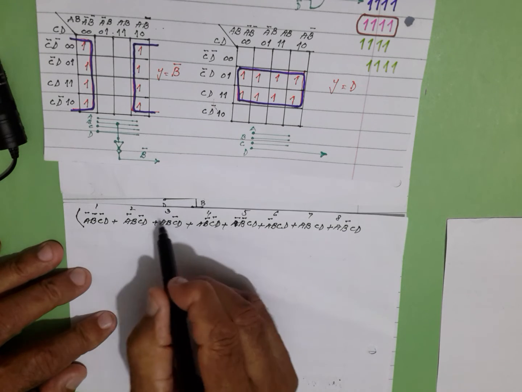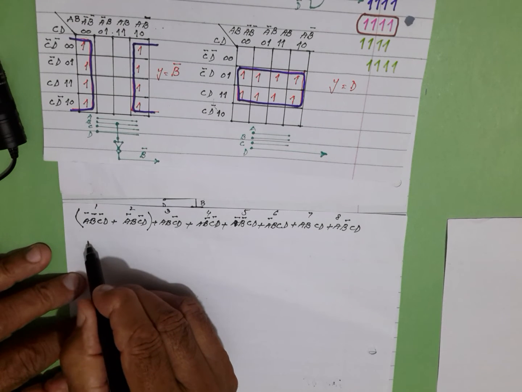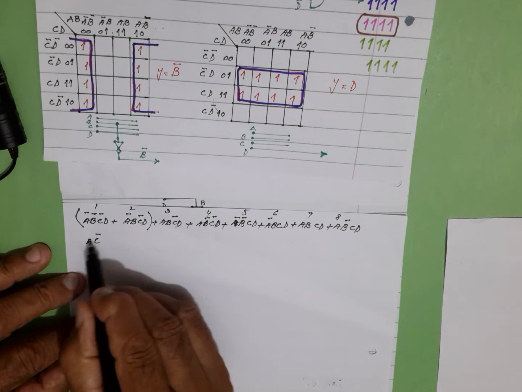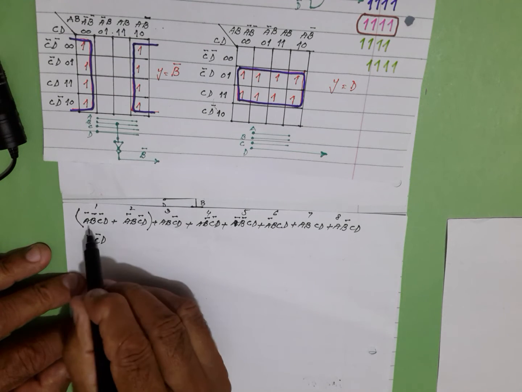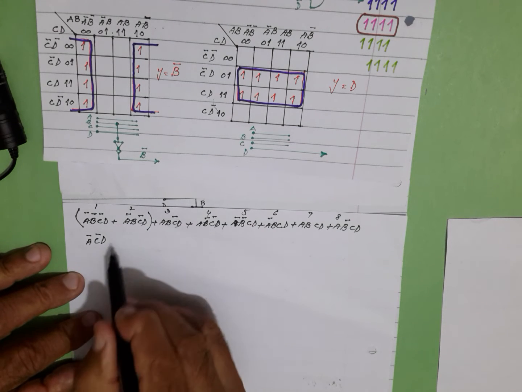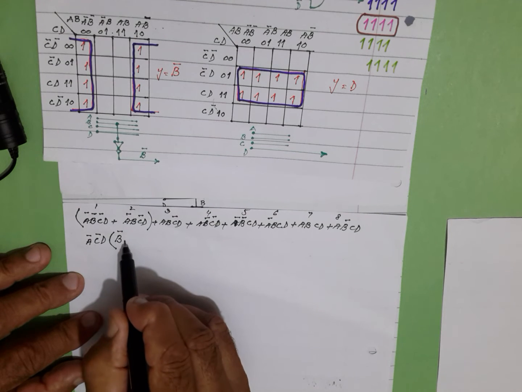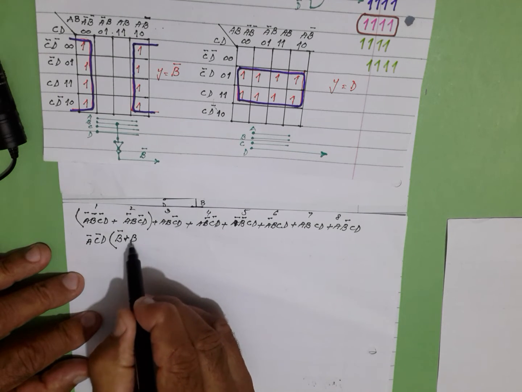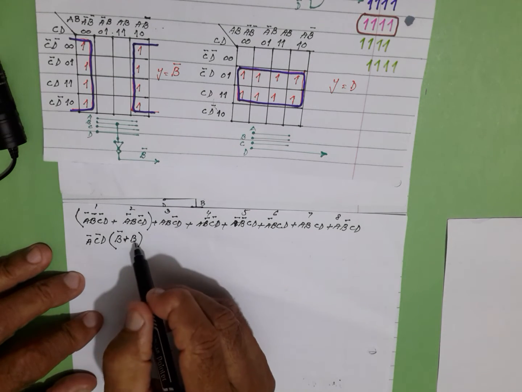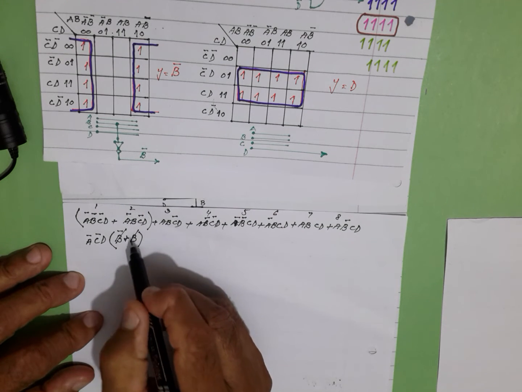For the first two equations, we see that A bar C bar D is common. We have taken this common. Inside we write B bar plus B. We can apply the inverse law or complement law, which says that when a variable is ORed with its complement, it equals 1.